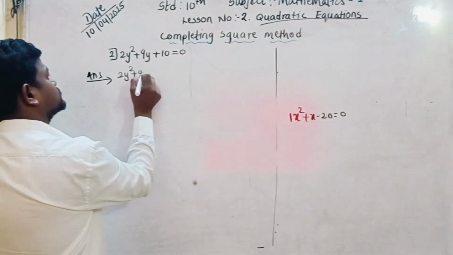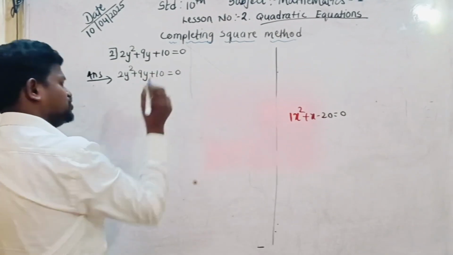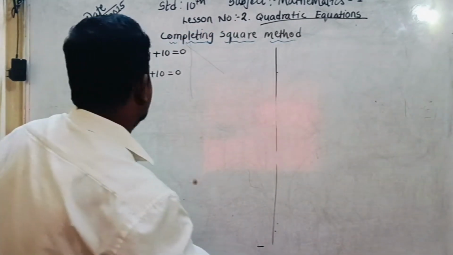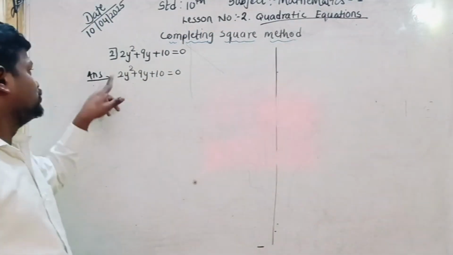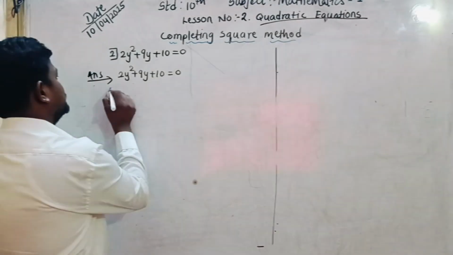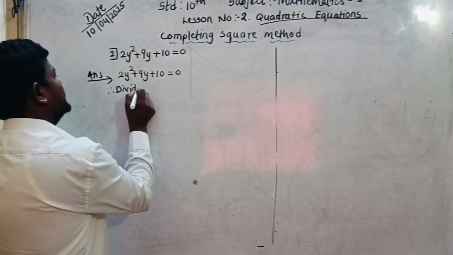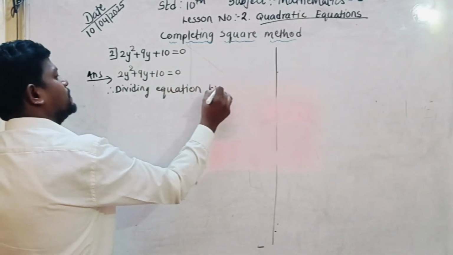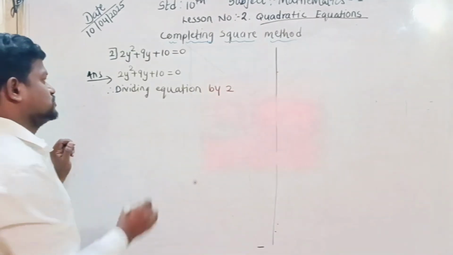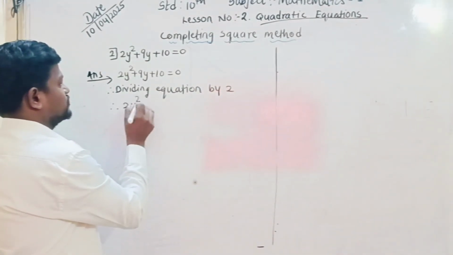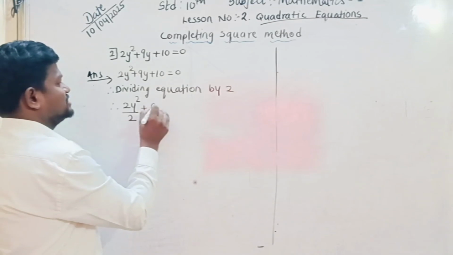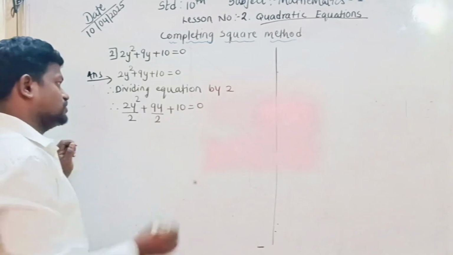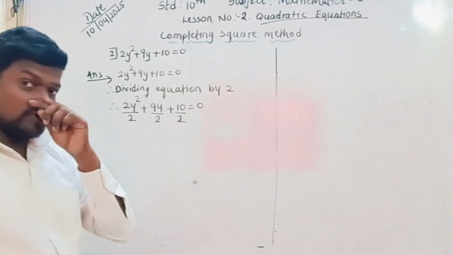First write down the question, okay? Then we have to divide the whole equation by 2. So write down here, therefore, dividing equation by 2: 2y square upon 2 plus 9y upon 2 plus 10 upon 2 equal to 0.